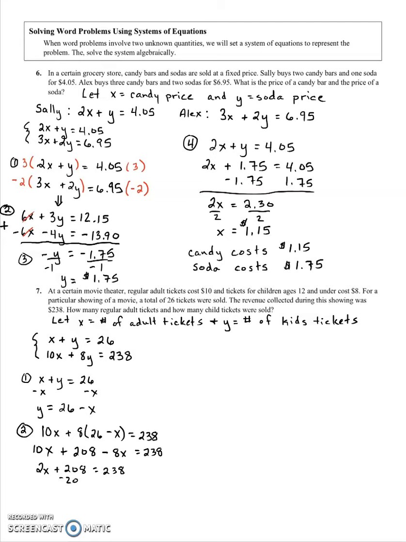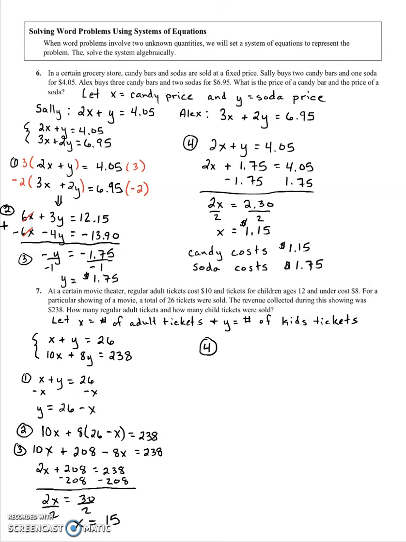And of course, subtract 208 from both sides. We get 2x equals 30. And dividing by 2, we get x equals 15. And x was the number of adult tickets. So we now know we had 15 adult tickets.